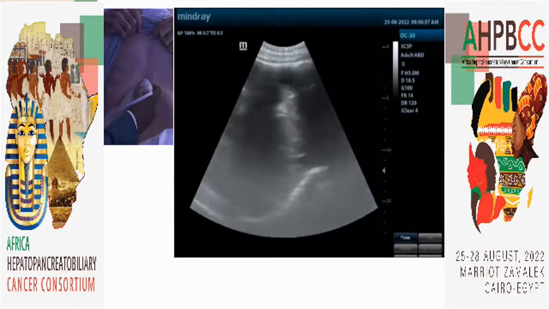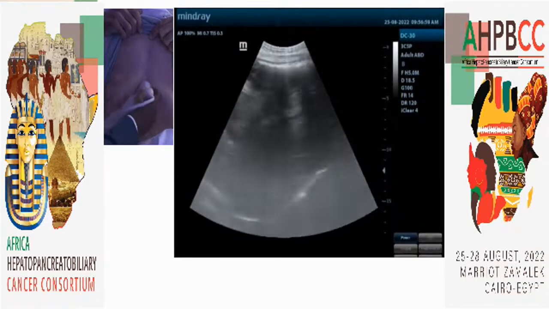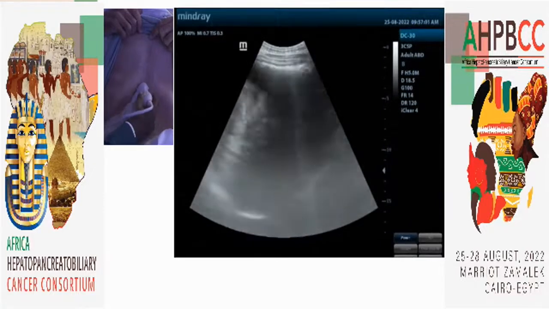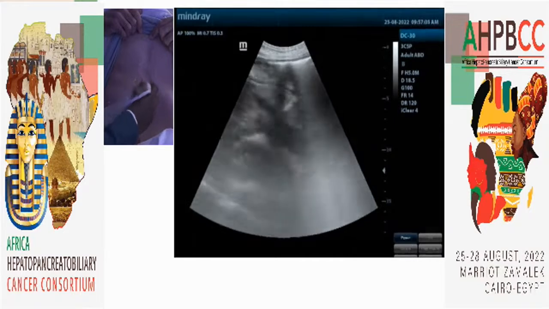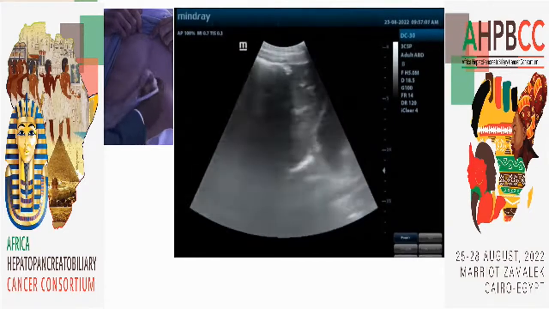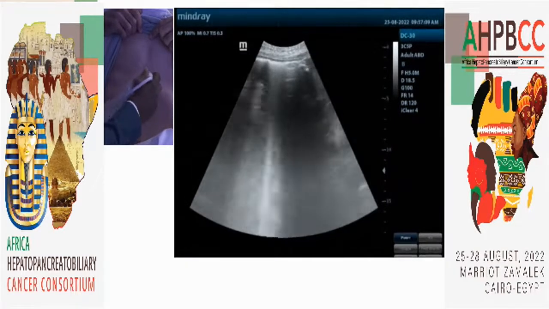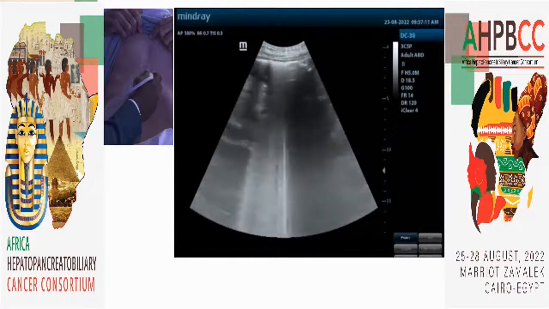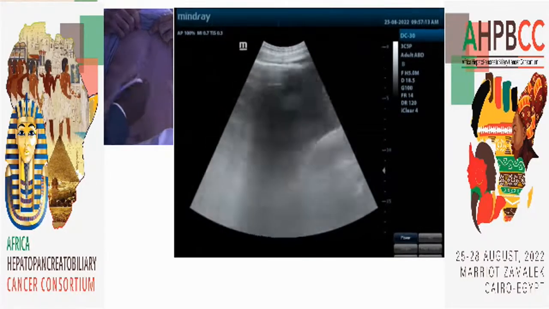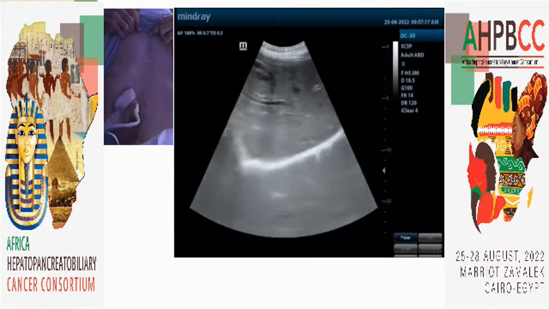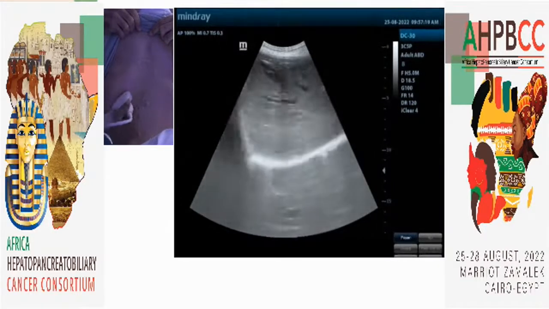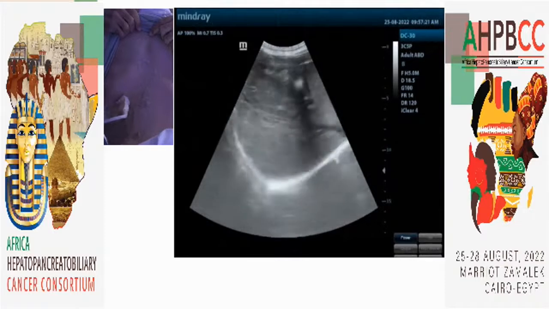So we have discovered a single focal lesion so far. I haven't scanned the entire liver yet, so I'm going to ask him to take a deep breath again, and then I'll keep on sweeping through. This is outside the liver.